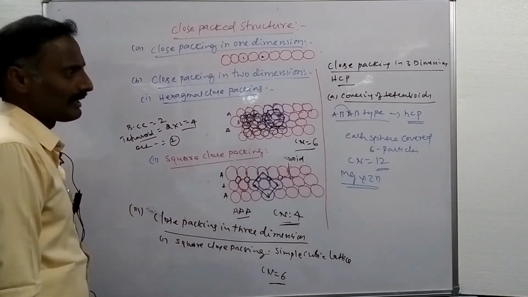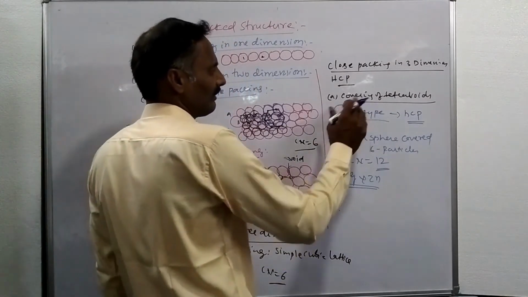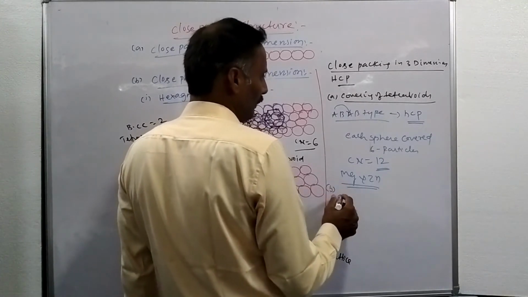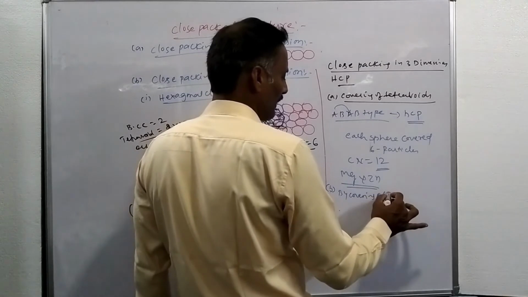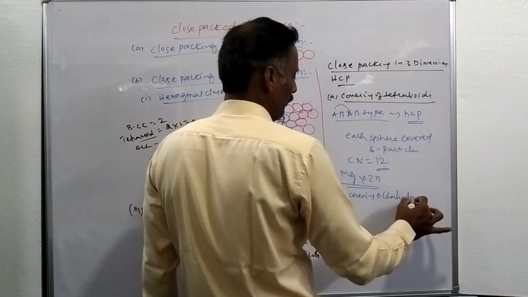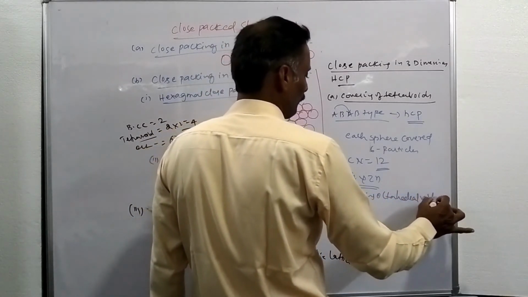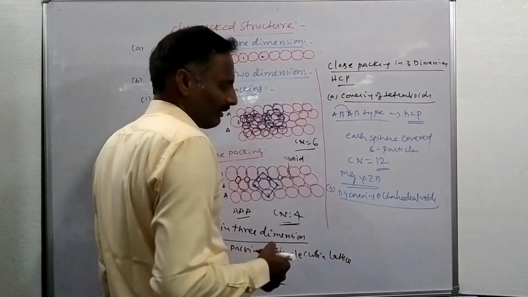This is one type of arrangement, by covering tetrahedral voids, and the second one is by covering octahedral voids.